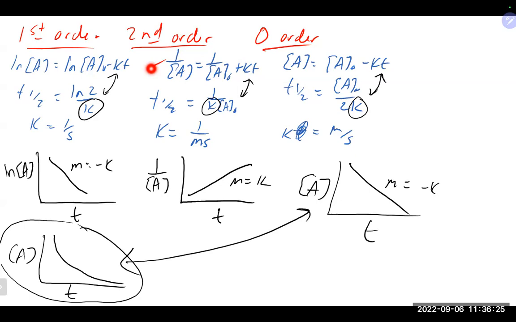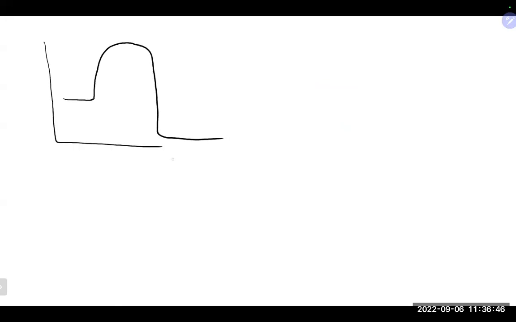We then talked about activation energy and energy diagrams and the idea of temperature. And remember that in terms of a reaction, we have our reactants, we have our products.